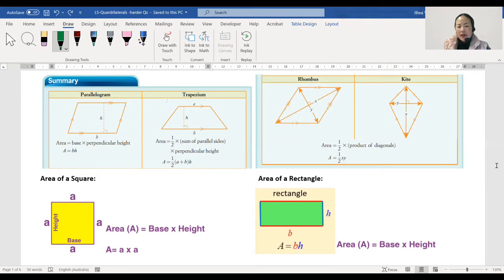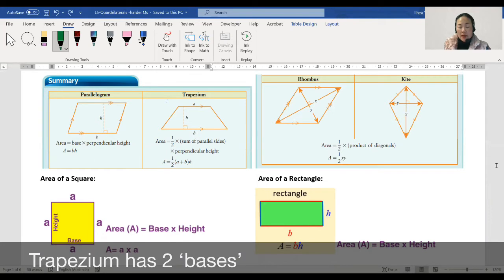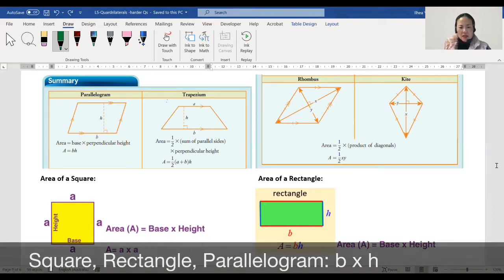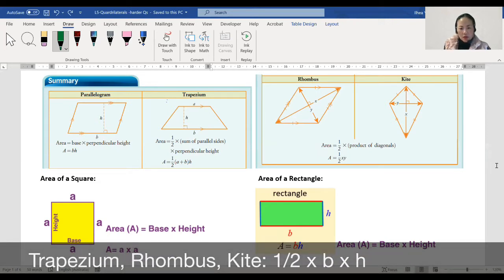Base times height can be diagonals, or the base might be more than one base, so two bases adding together. So they might be slightly different, but the whole idea is area equals base times height for some of the quadrilaterals. The other will be half times base times height.